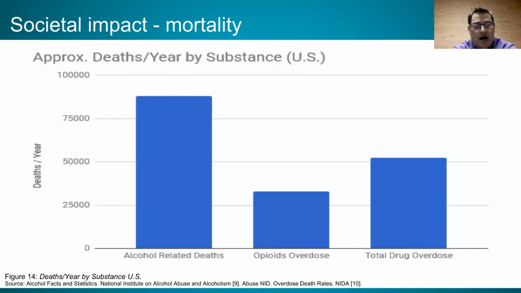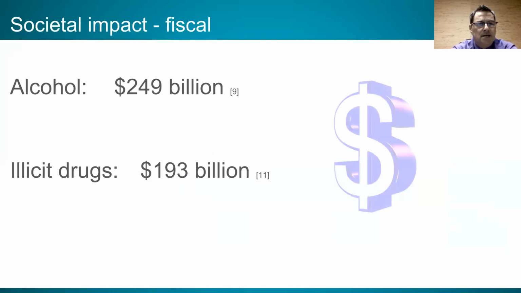So a lot, but alcohol still has 88,000 deaths a year attributed to alcohol use disorder. So that's still the top if you remove nicotine from the equation. Actually, cigarettes kill more people than either of these, but of the classic addictive substances, alcohol is still the worst in total.